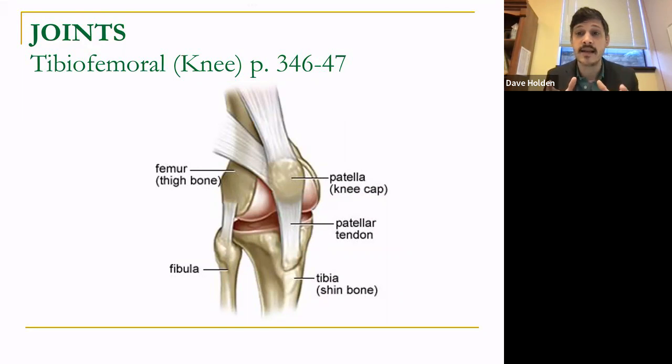By this point in our journey through school, all of us should already know the major joint types, right? Your diarthrotic, amphiarthrotic, and synarthrotic joints. Is this new information to anybody? No, cool. It shouldn't be.